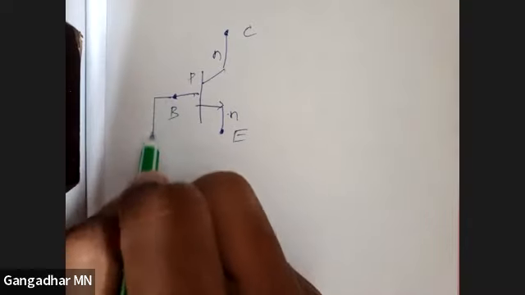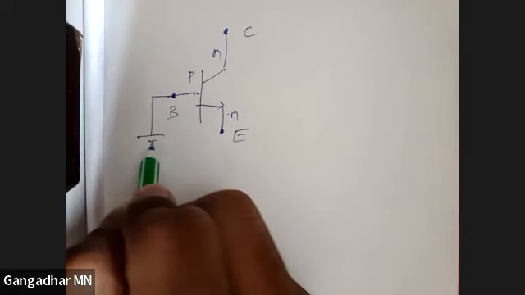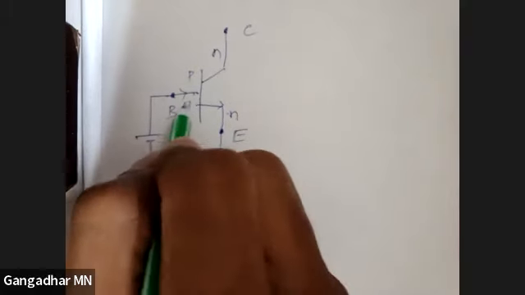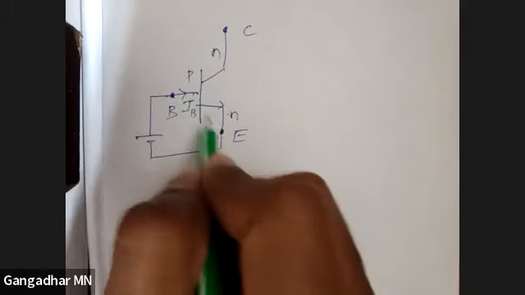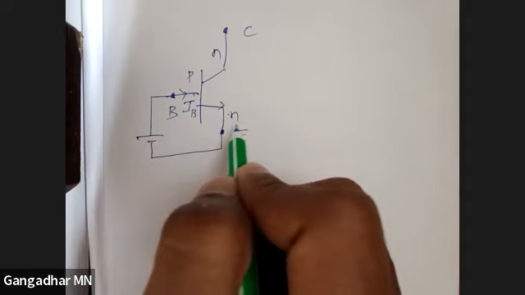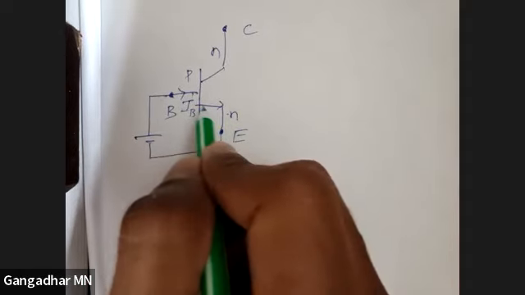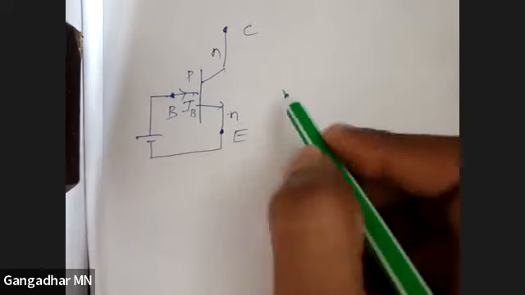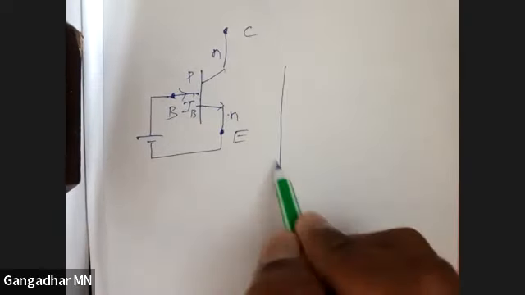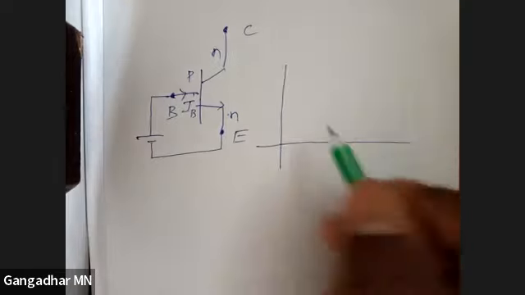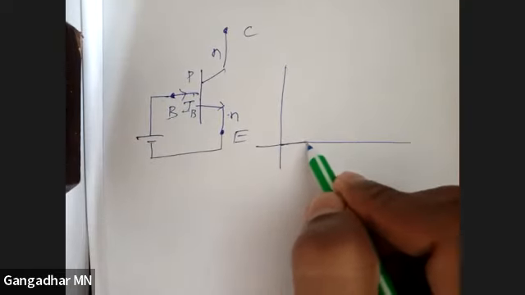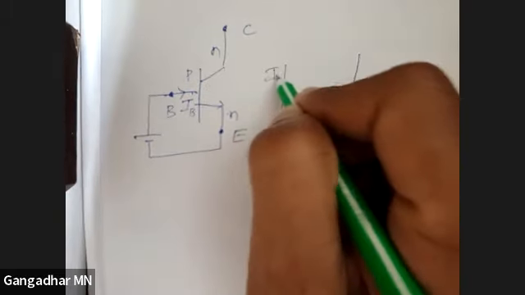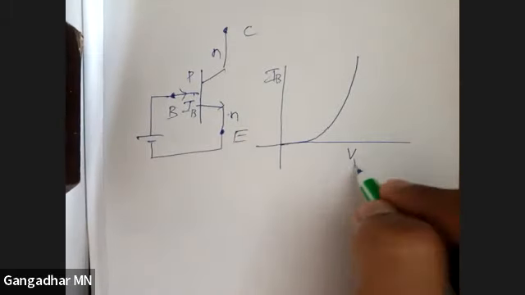If I carefully notice, there is a voltage source from base to emitter, let us say, and there is current flowing through the base to emitter junction, and this is exactly as forward bias diode. So it is not surprising that the characteristics are same as forward characteristics of a diode, where this is IB and this is VBE.